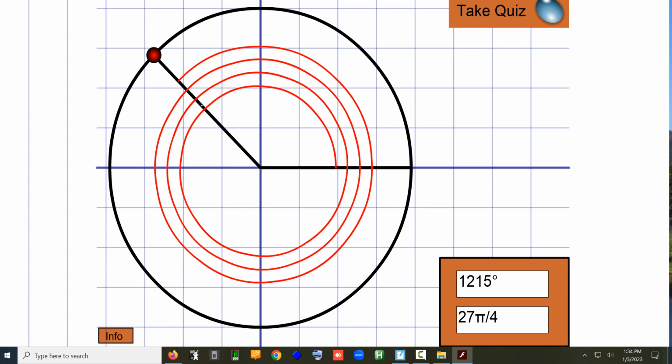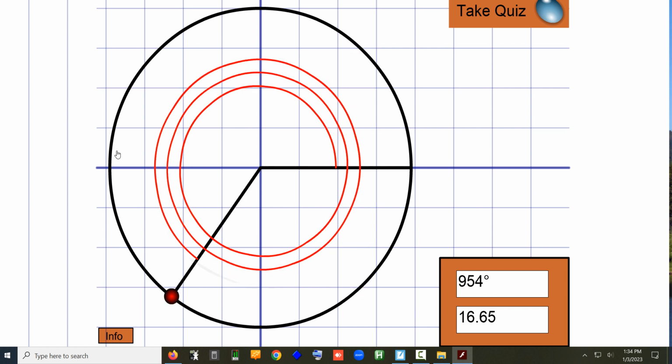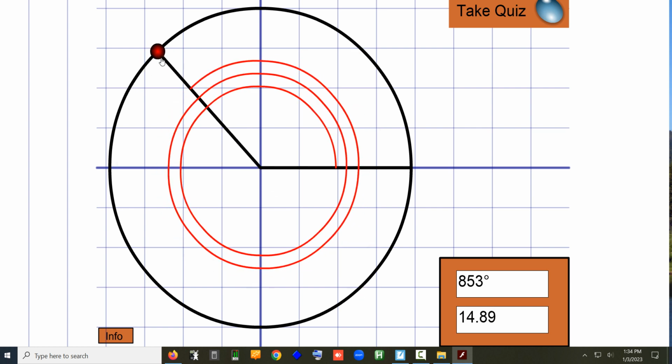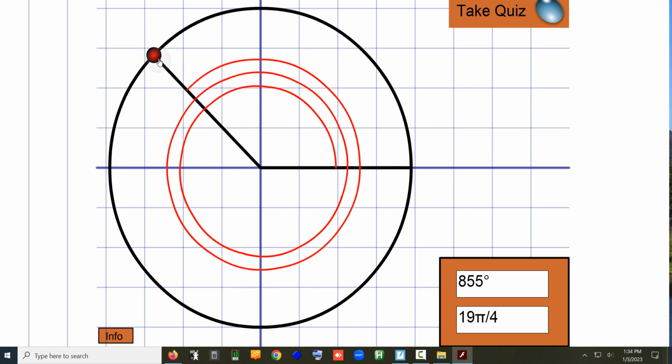Because if you said to me 1215 degrees off the top of my head, I would know that that's exactly where it is. But there's something that we can add and subtract from that number to give us a smaller version of it, and it won't mess up our answer. 1215 is exactly the same as 855.